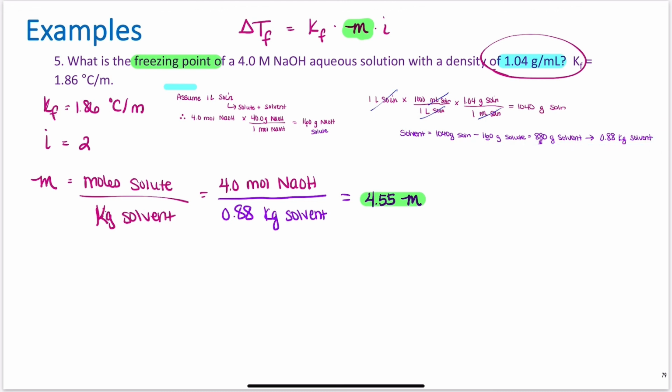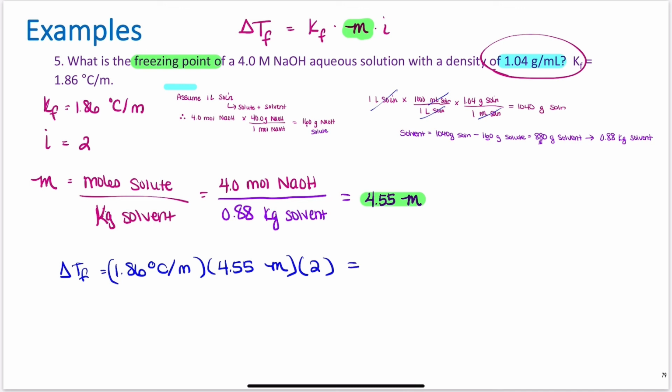Now that I have my molality, I can go ahead and calculate the change in freezing point. So delta TF is equal to 1.86 degrees C per mol times 4.55 mol times 2.